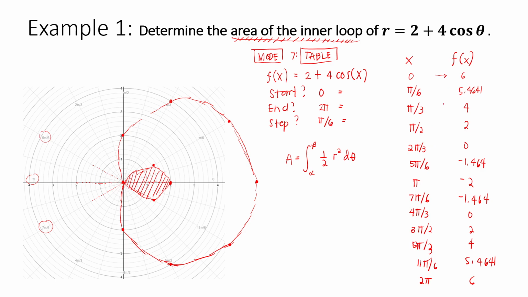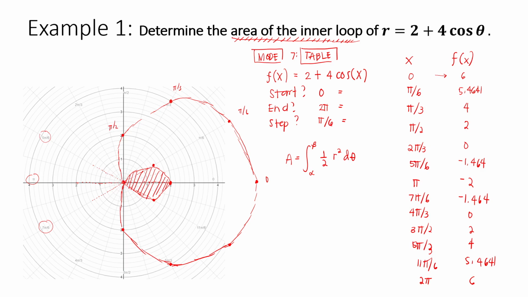So we refer back to the table again, and we're going to look for the angle where the inner loop starts. So this is 0, then this one is pi over 6, this one is pi over 3, this point here is pi over 2.